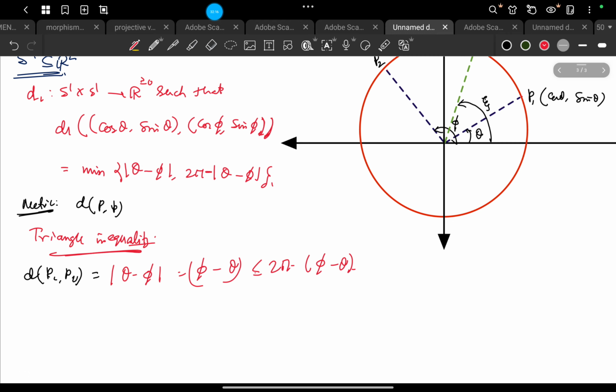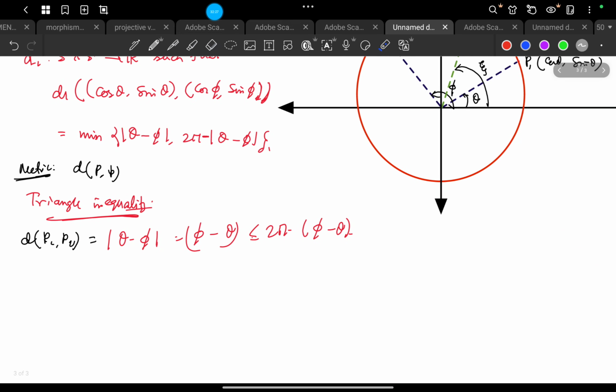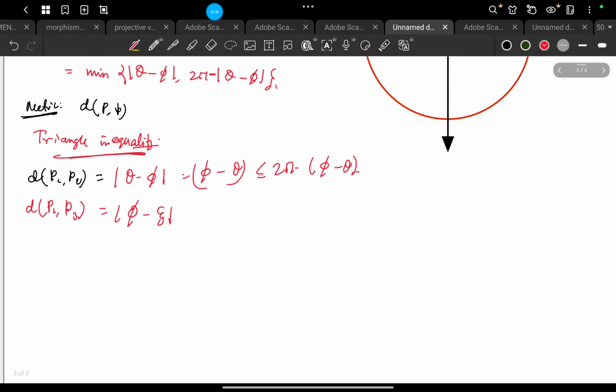Similarly, what is d of p1 p3? D of p1 p3 is just this one, that is phi minus xi, and take its mod.